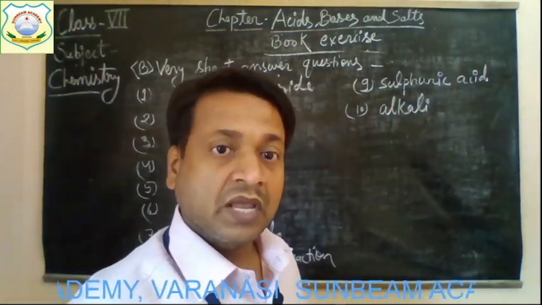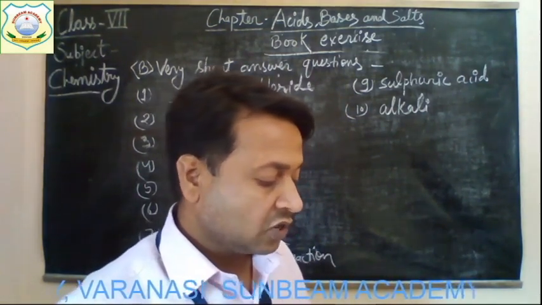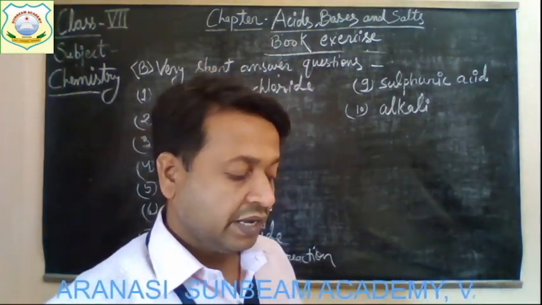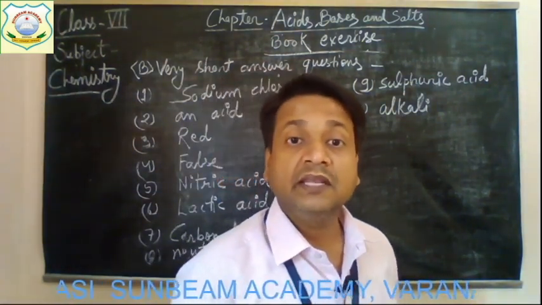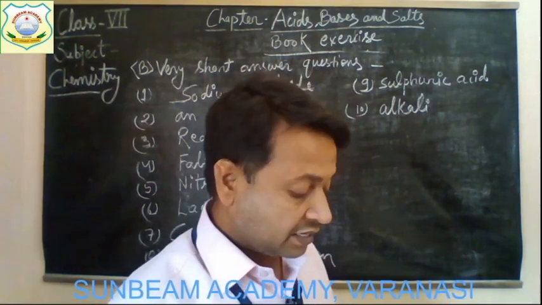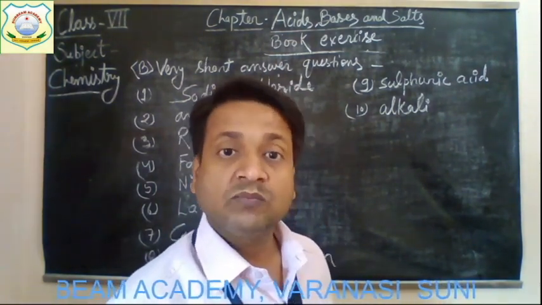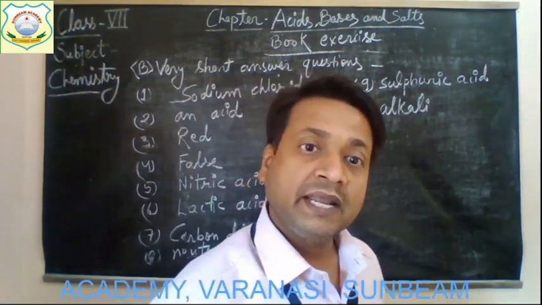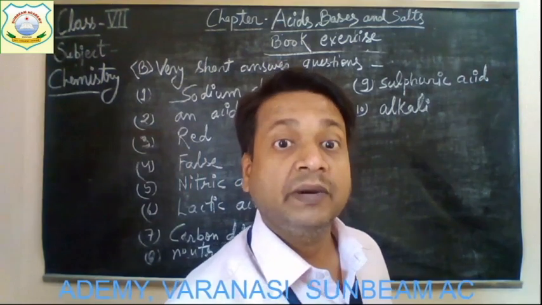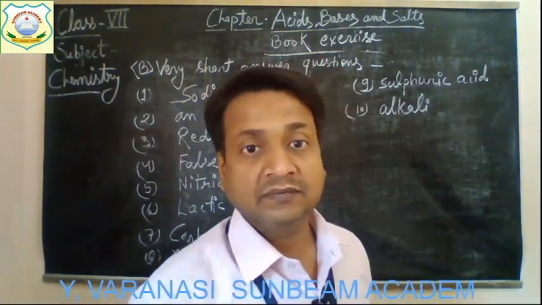Okay, children? Now the question number 11 is, which base does not have a metal atom in its molecule? Children, here you have to write the name of the base that does not have a metal atom in its molecule. Most of the bases have metal atoms in their molecule, but one base, that is ammonium hydroxide, does not.